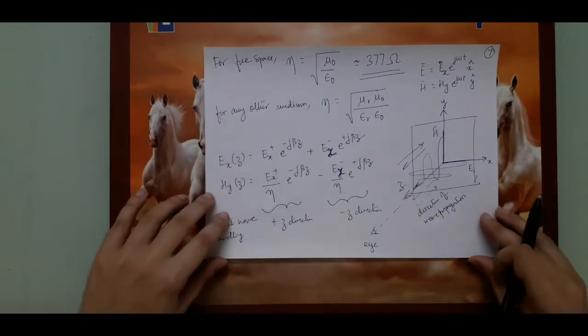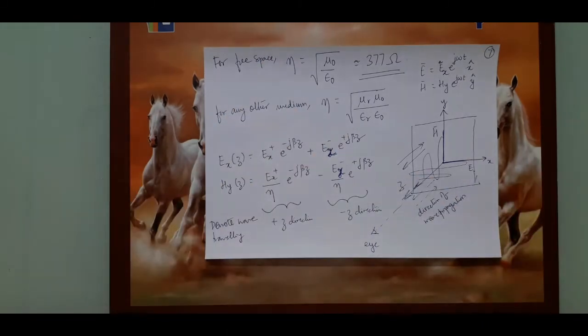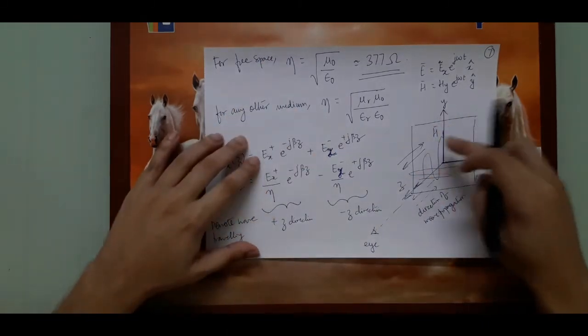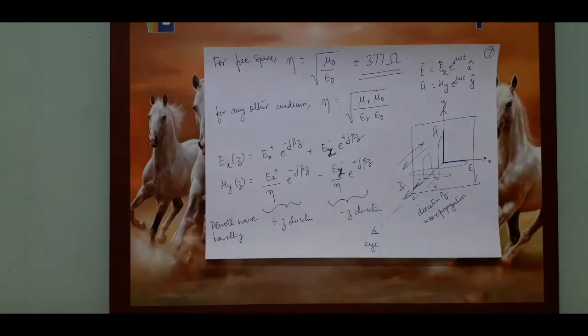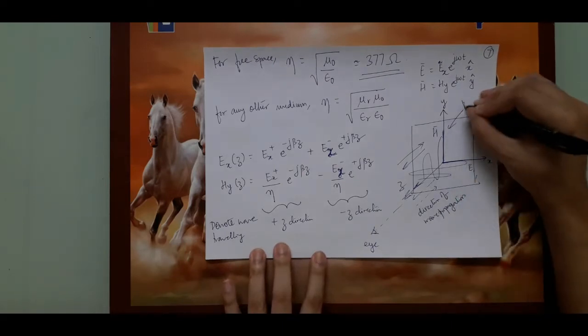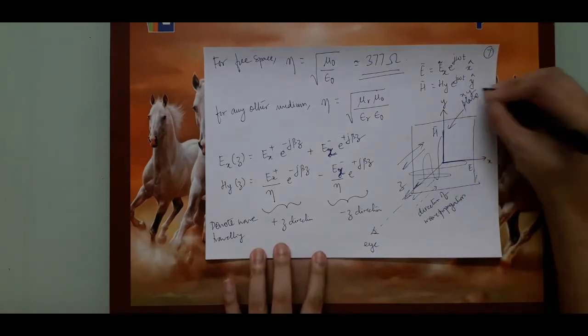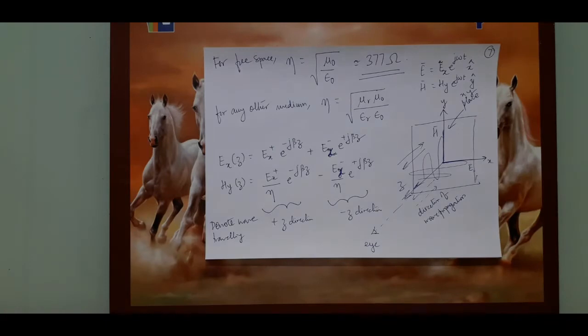So the field vectors are existing and time varying along a plane. Therefore, this wave is called a uniform plane wave. That is one way to look at it.